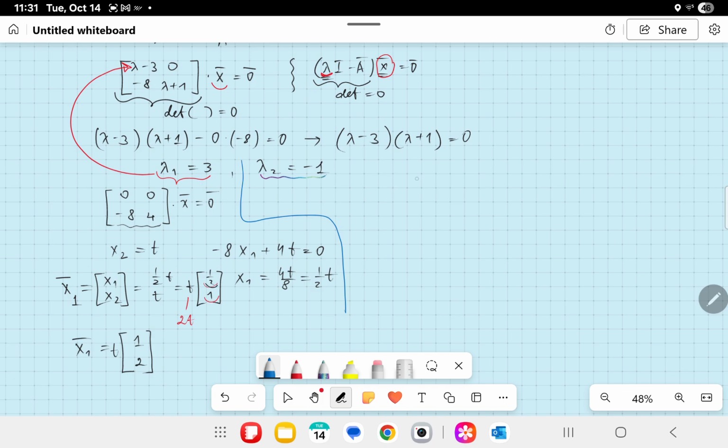So I have minus 1 minus 3, which is minus 4, still 0, still minus 8, and minus 1 plus 1 is 0. So I have the next equation. Again, this is x vector, but it has two components, x1, x2, right? Because it's a two-dimensional vector.